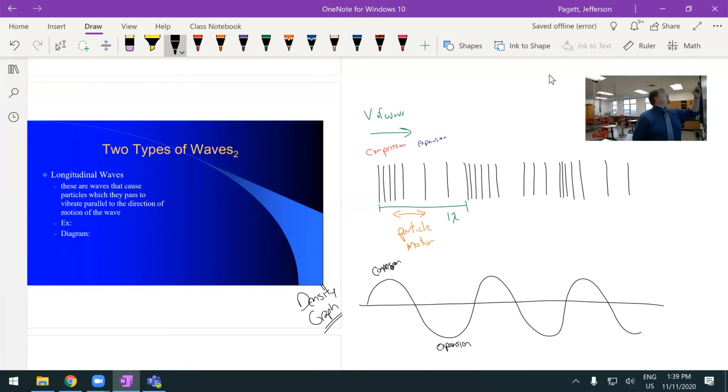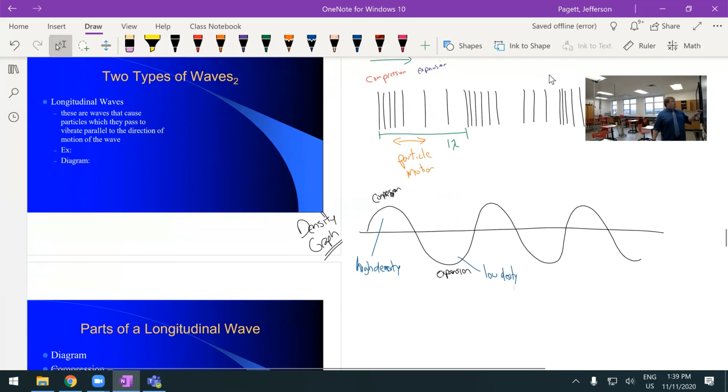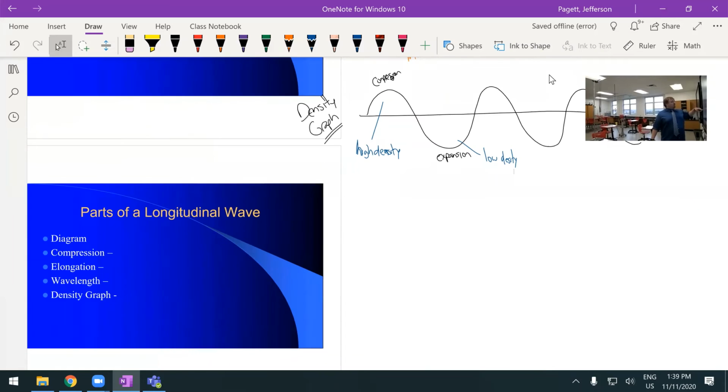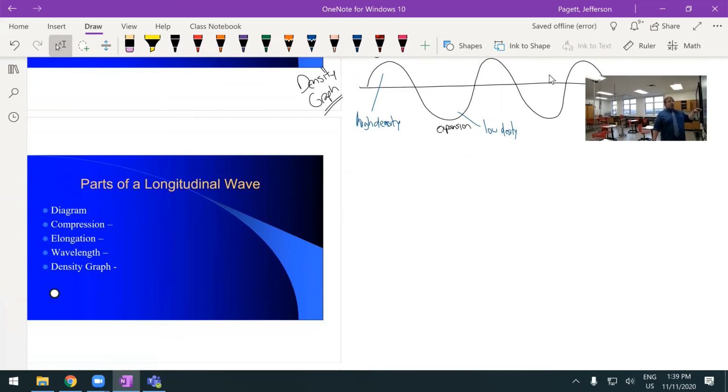Okay, so high density, and then low density. There's that sine graph that we talked about before. So these are the two different types of waves. So we've got a compression, our elongation, our wavelength, density graph we've got there.